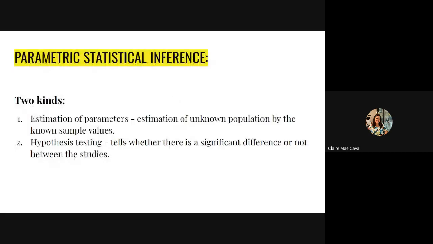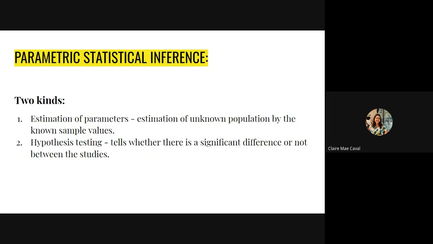Parametric statistical inference has two kinds. It could be estimation of parameters or it could be hypothesis testing. What is estimation of parameters? This is the estimation of an unknown population by the known sample values, while hypothesis testing tells whether there is a significant difference or not between the studies.